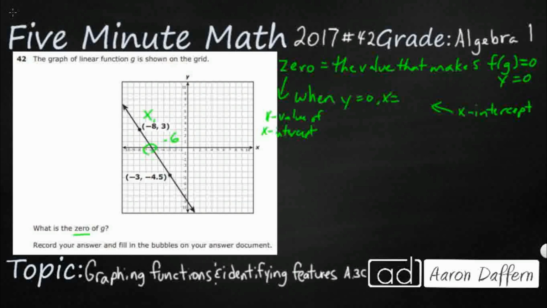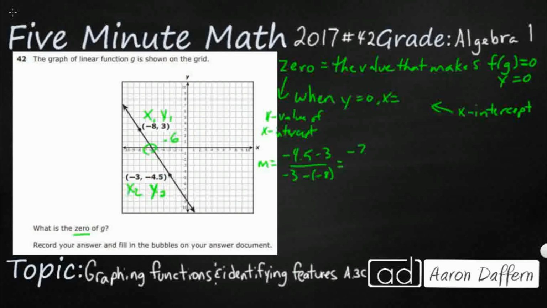First we need to find the slope. So let's make that x1, y1, x2, y2. Go ahead and do the work if you're going to bubble this in. No point guessing. Maybe it's -6.1 or -5.9. So first I'm going to find my slope. That's going to be -4.5 minus 3, over -3 minus -8.